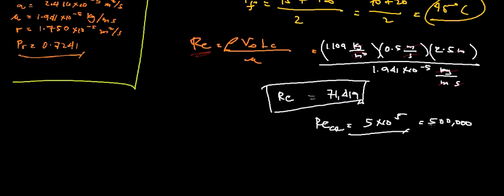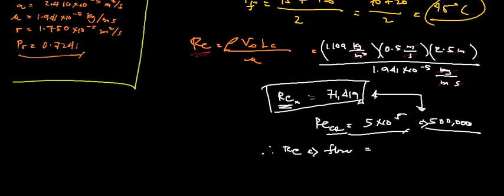If we compare these two, our Re to our Re critical, is it below or above 500,000? It is below. Since it is below, therefore the flow of our air is laminar. So we have a laminar flow.